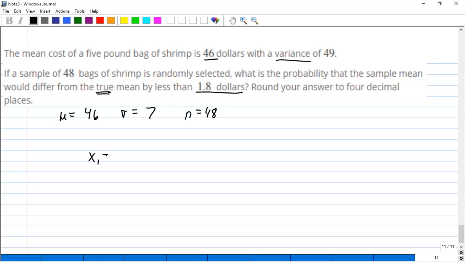So one of my x values is going to be 47.8. My other x value is going to be what? If I add it, I get 47.8. What do I get if I subtract it? 44.2.